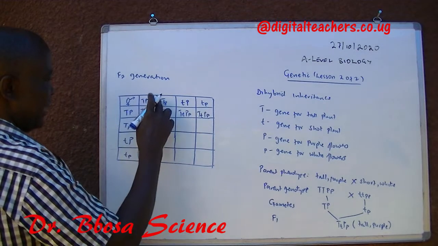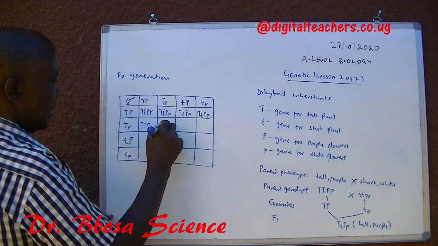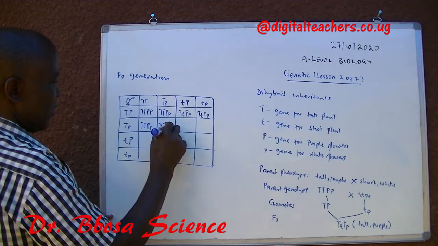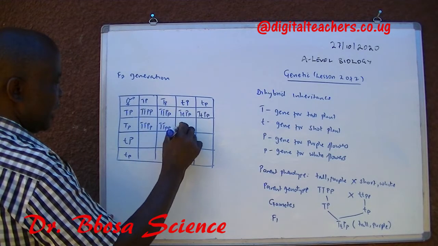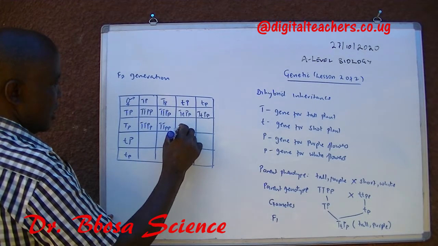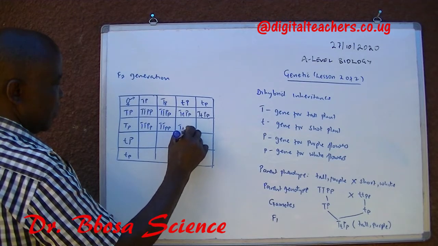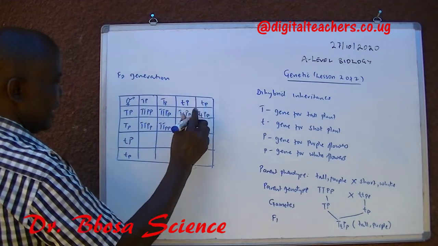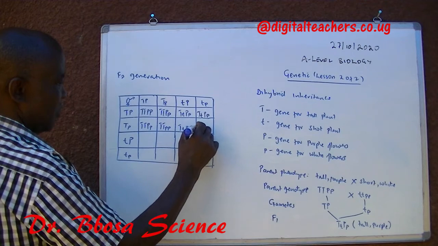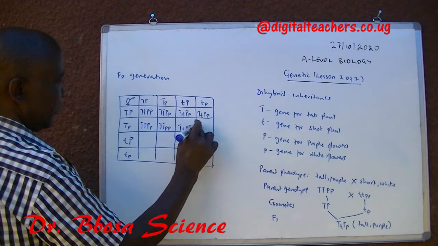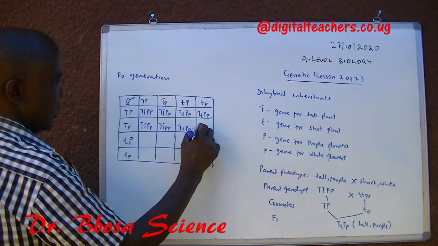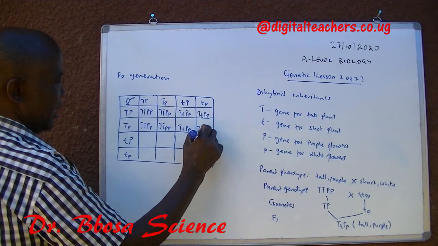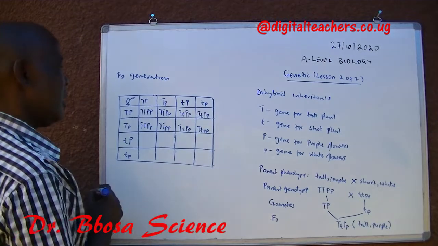If this one fertilizes this one, it will be capital T, small t, small p, small p. When this one fertilizes this, it becomes capital T, small t, capital P, small p. When this one fertilizes this one, it will be capital T, small t, small p, small p.